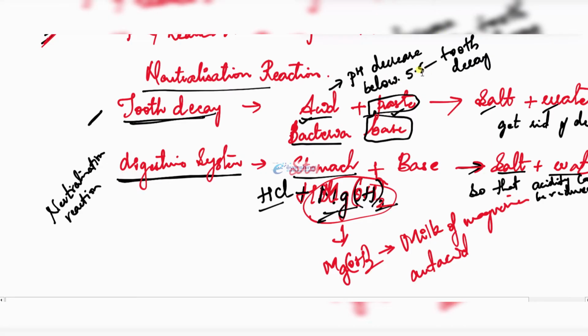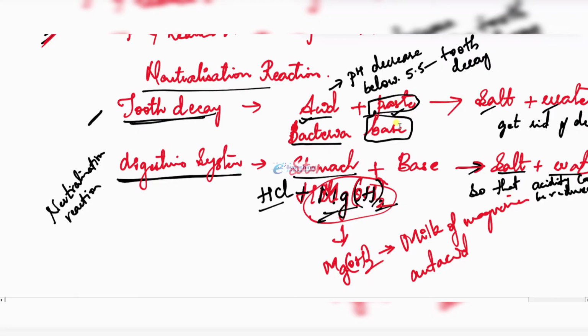When the pH value decreases below 5.5, then tooth decay takes place, because acid formation takes place due to the bacteria. When the pH is going down, it's nothing but due to bacteria, so acid formation takes place. So to remove this acid we need to add a base.